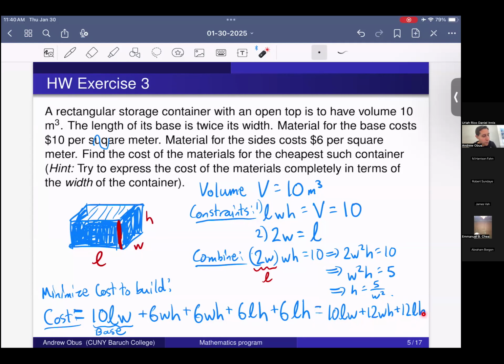Are there any questions on how we derive this formula, 10 LW plus 12 WH plus 12 LH? Okay, let me just rewrite this on another page.